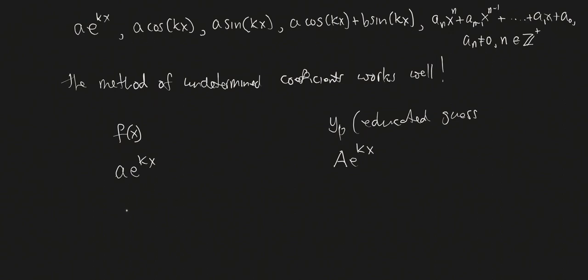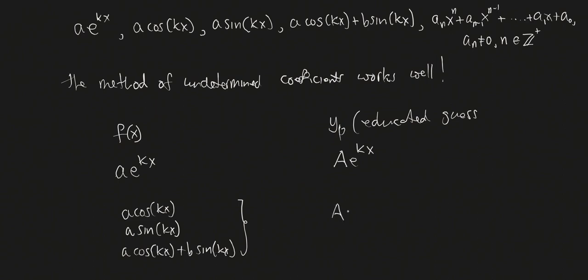Now if you have any of these, I'll group these. So if you have a cosine of kx, a sine of kx, or a cosine kx plus b sine of kx, all of these, whether you have just a cosine, just a sine, or a linear combination of the two, then your guess has to be a linear combination of the two, right?